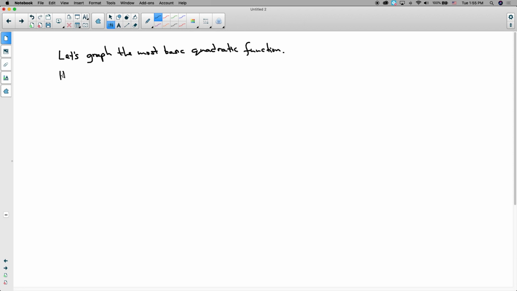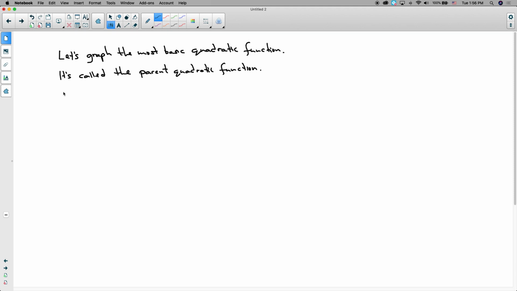Okay, it's called the parent function. Well, I suppose there's a lot of parent functions. This is the parent quadratic function. There are a lot of function types, like there's a line and a quadratic and a third order and a fourth order, and there are all sorts of function types, and they each have a parent function. That is to say, they have the original version, the most basic version.